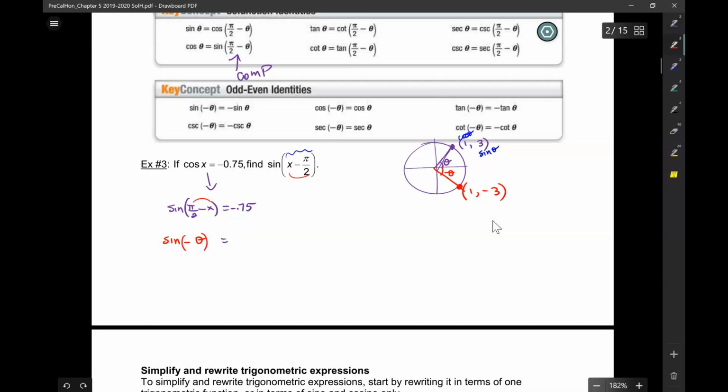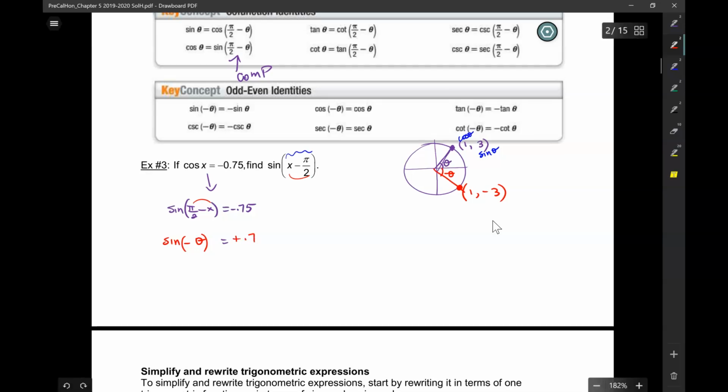Making sure. So in sine, when the angle becomes negative, what happens to the value? Negative of the negative, which is positive 0.75. So what does negative mean? What does it mean that something becomes negative? All it means is it switches sign.